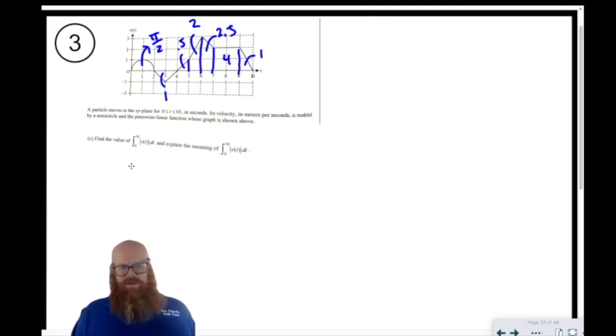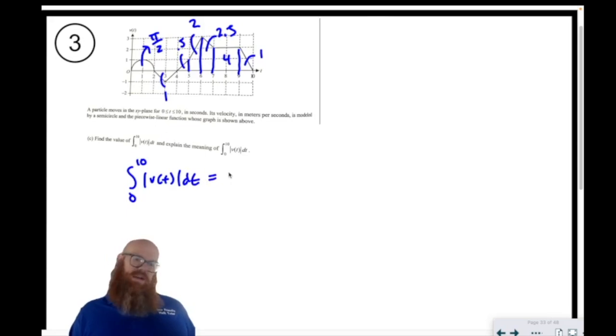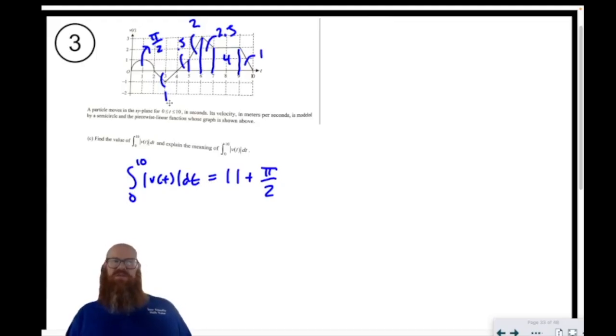So now the integral from 0 to 10 of the absolute value of velocity is just equal to 11 plus pi over 2. So in the other one, we got 9 because these ones canceled. Now they don't because this one is considered a positive one.